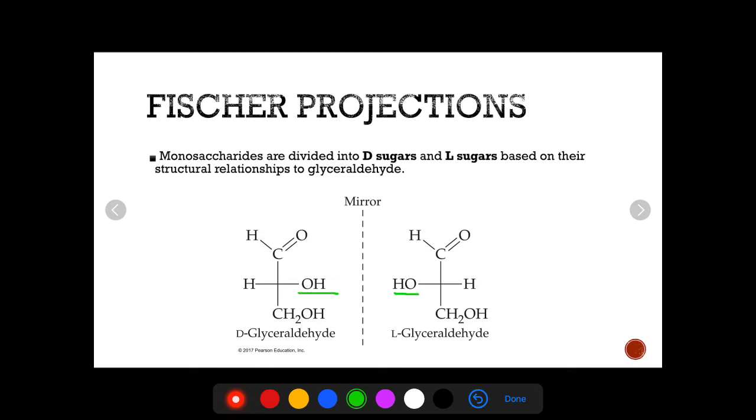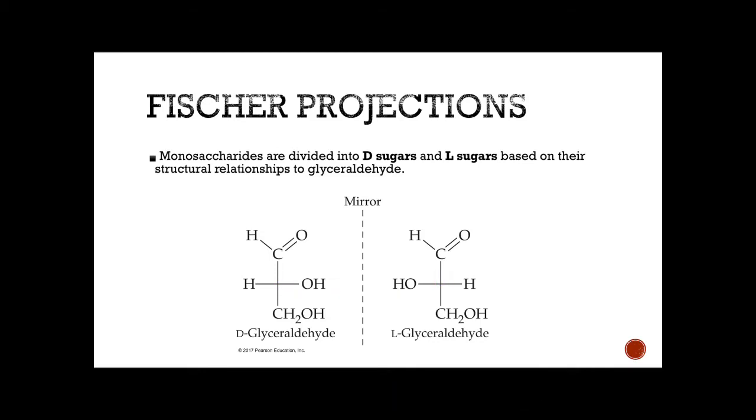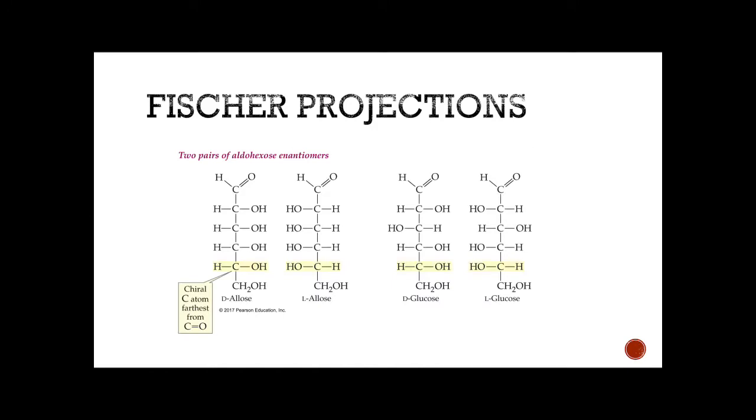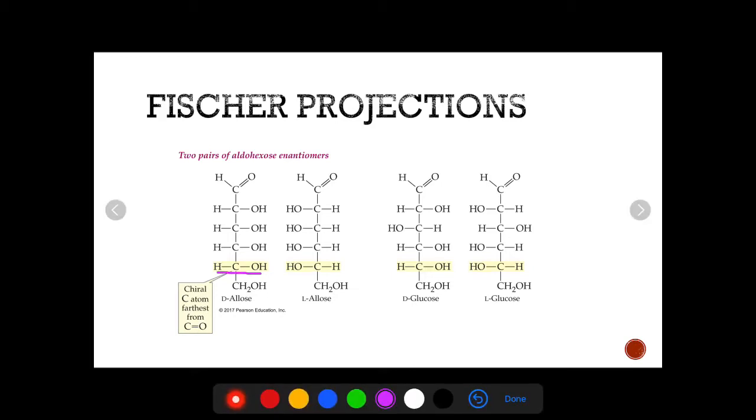Okay, now if you have more than one chiral carbon, because again, this is our chiral carbon right here, then we always look at the chiral carbon that's furthest from the carbonyl group. So the ones that are highlighted here are the ones that are furthest from the carbonyl group. So those are the ones that are going to determine if we have a D sugar or an L sugar.